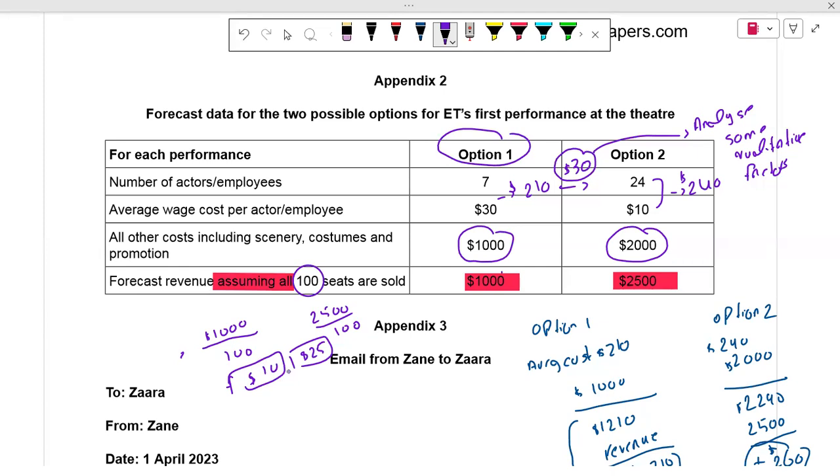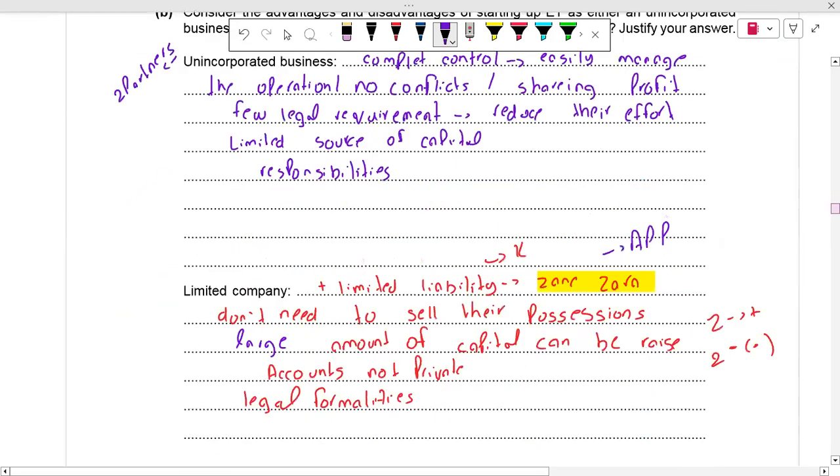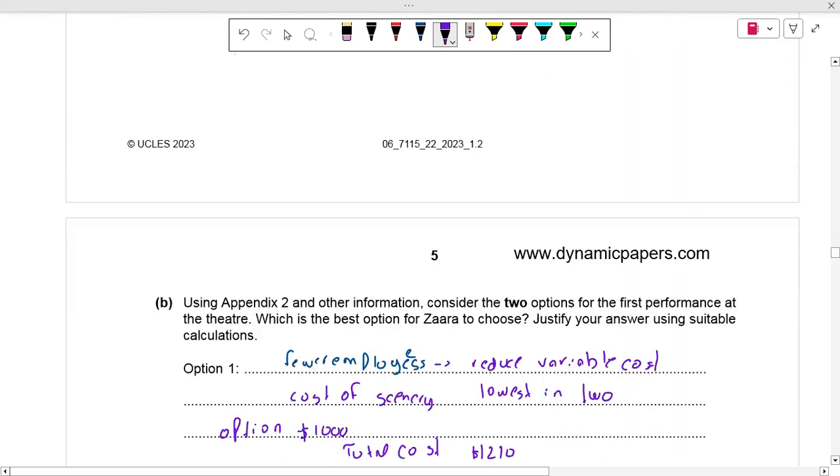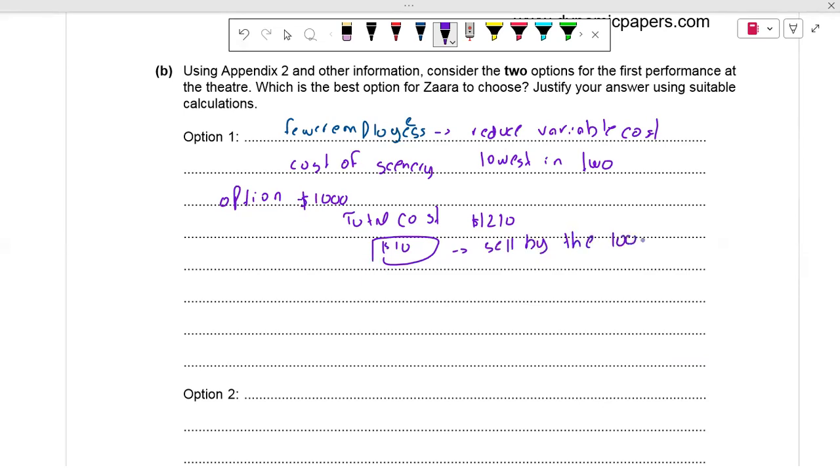Because the ticket price is $10, and they are serving in a low income area. We can say that at $10 there are more chances to sell their seats to the 100 customers.